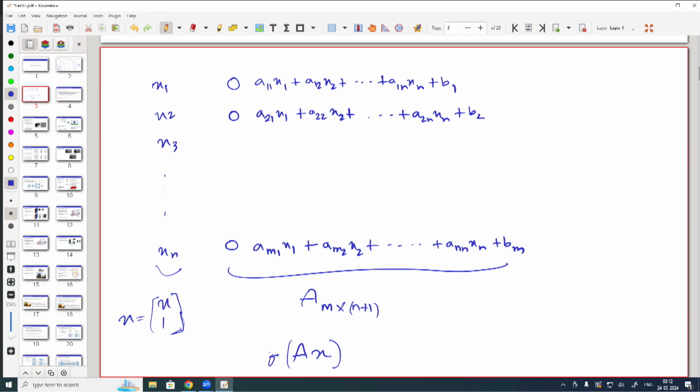This is the output of a single layer of a neural network, and then this is fed to another layer. If the matrix for that second layer was B, I would write it as B multiplied by this vector, and then another sigma applied on top of it. Let me write sigma prime so as not to confuse you.